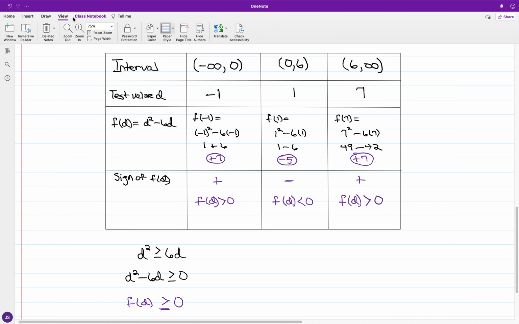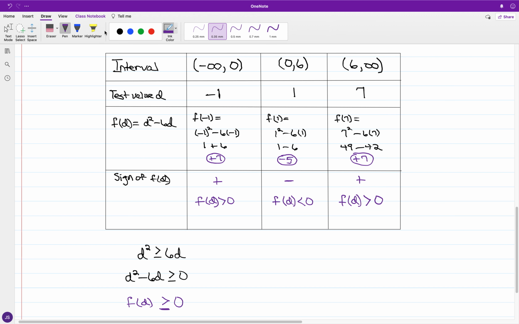So in the case of the solution, greater than or equal to 0 is in the same direction as greater than 0. So we're involving the limits negative infinity and 0, as well as 6 and infinity.